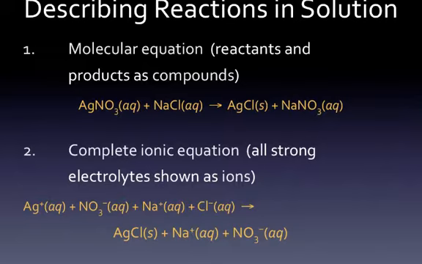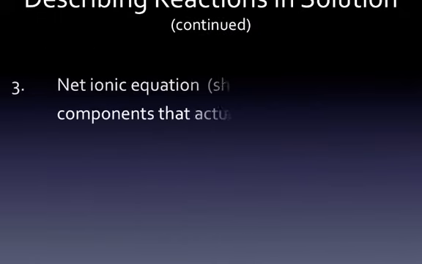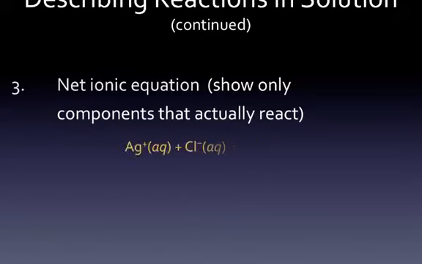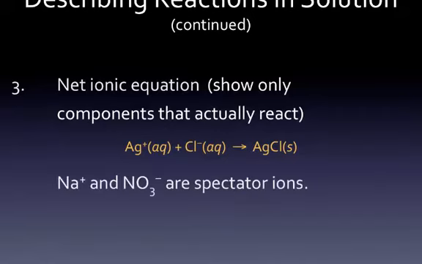To take it one step further, we could make a net ionic equation. So in other words, we could take the things on the left and the right that are the same, and we could cross them out. They are called spectator ions. All right, so we will practice this a little bit in class, but I'll go back and show you a couple things.